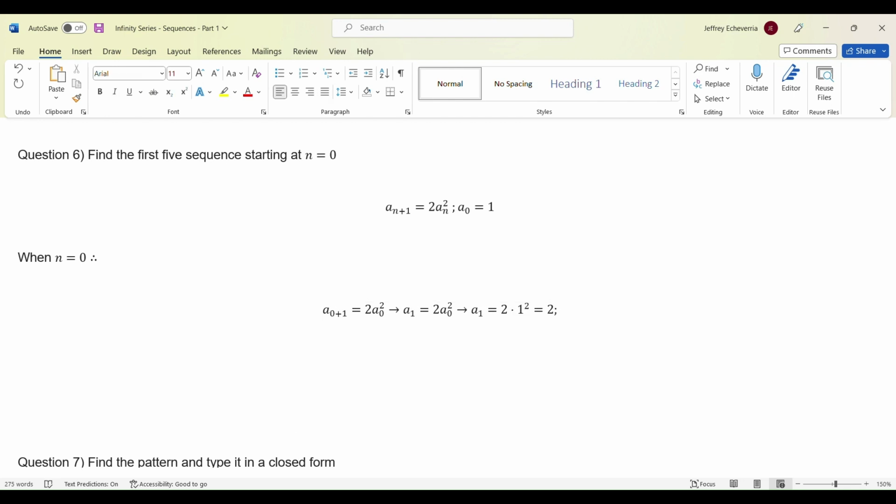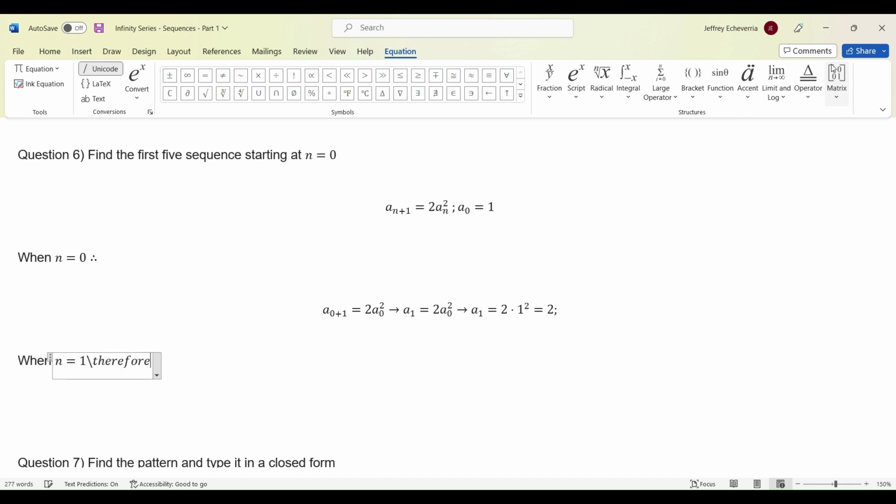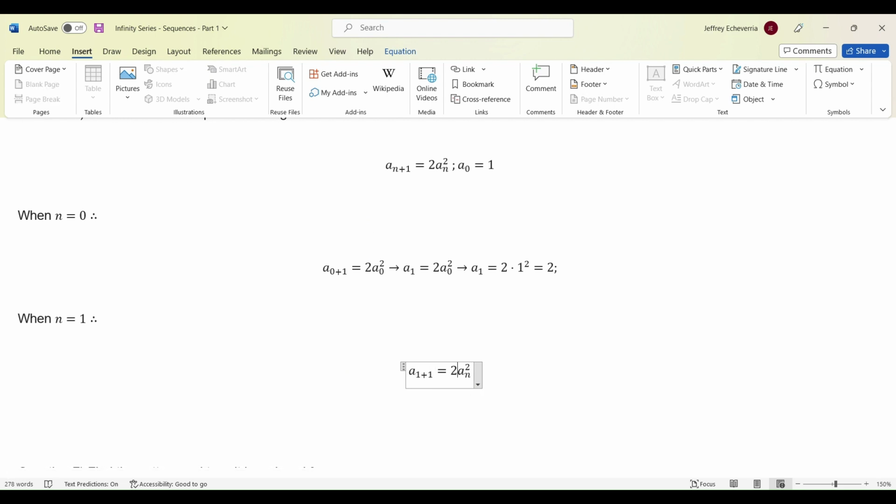So now our next step is to do that when n equals 1. Therefore, a sub 2 gives me 2 a sub 1 squared.